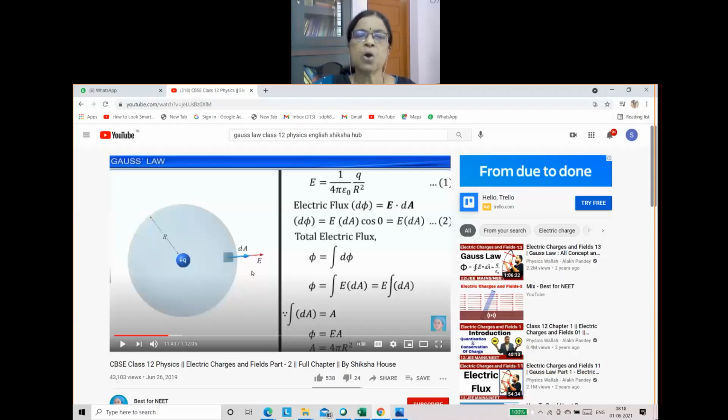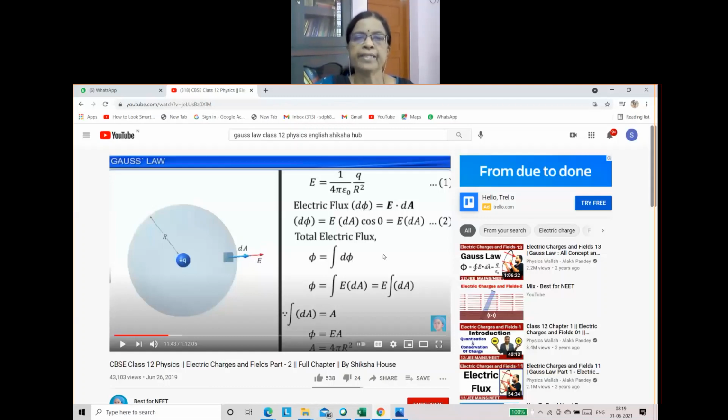Okay. Then d phi. First we find the small flux passing through this smaller area. Then we find the total flux passing through the whole sphere, which we will get by integrating that. So first we find the small flux d phi. How will you find it? Vector E dot vector dA. Yesterday we studied dS; here they have written dA. That's the only difference.